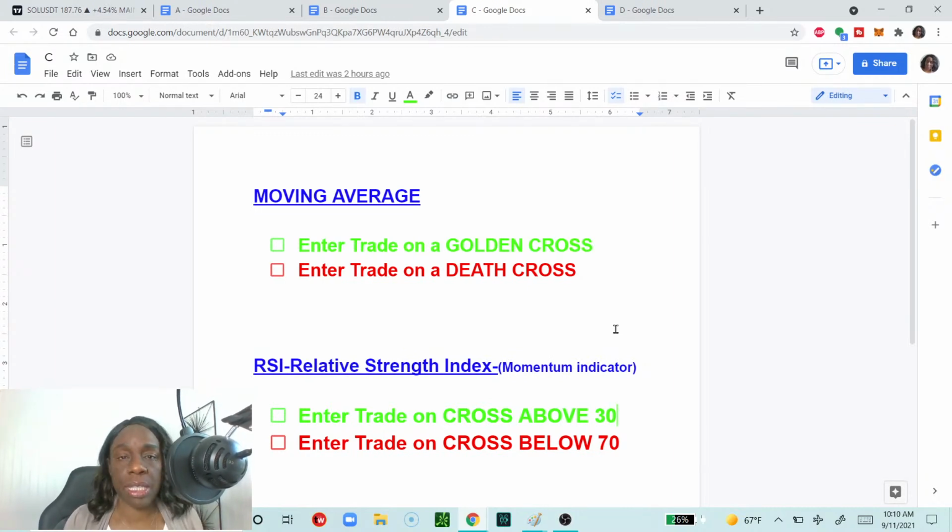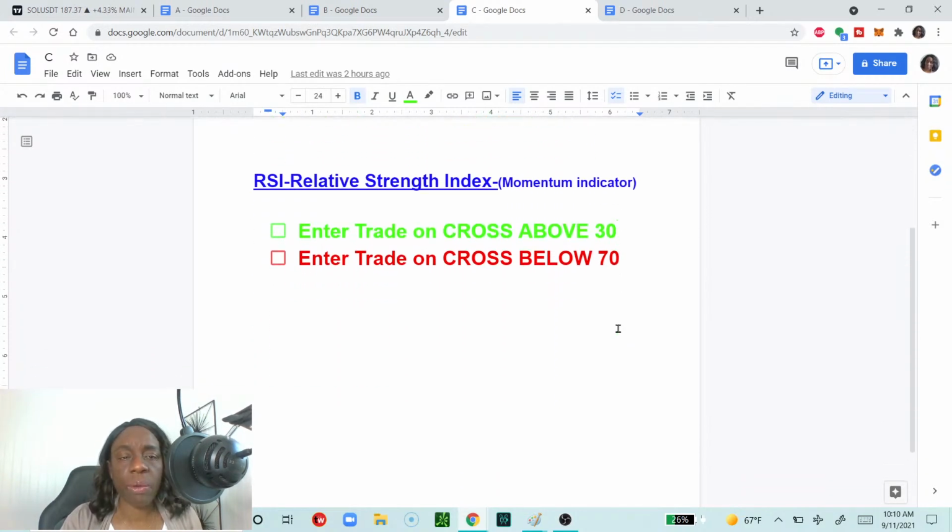The converse is the case if you like to short your trades, then you're looking for a death cross when price action is below the two moving averages. Again, I'm going to indicate that on the charts.